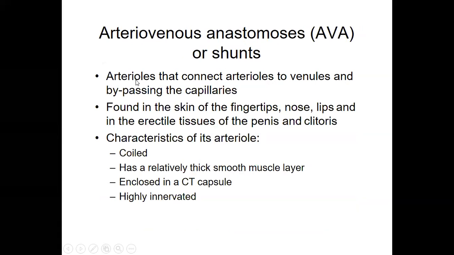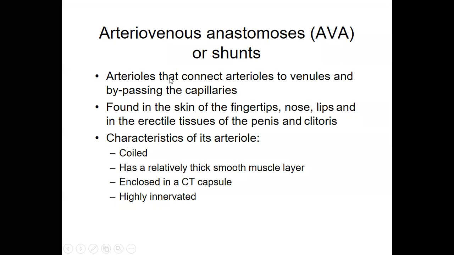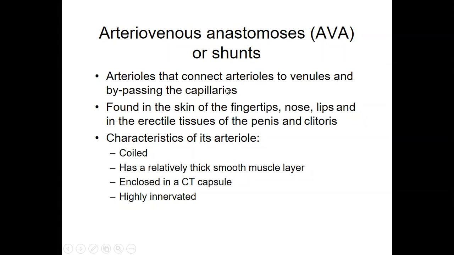And then we have the arteriovenous anastomosis (AVA) or shunt. What is the arteriovenous anastomosis? It is an arteriole that connects arteriole to the venule, bypassing the capillary. It can be found in the skin of the fingertips, nose, lips, and in the erectile tissue of the penis and also the clitoris.